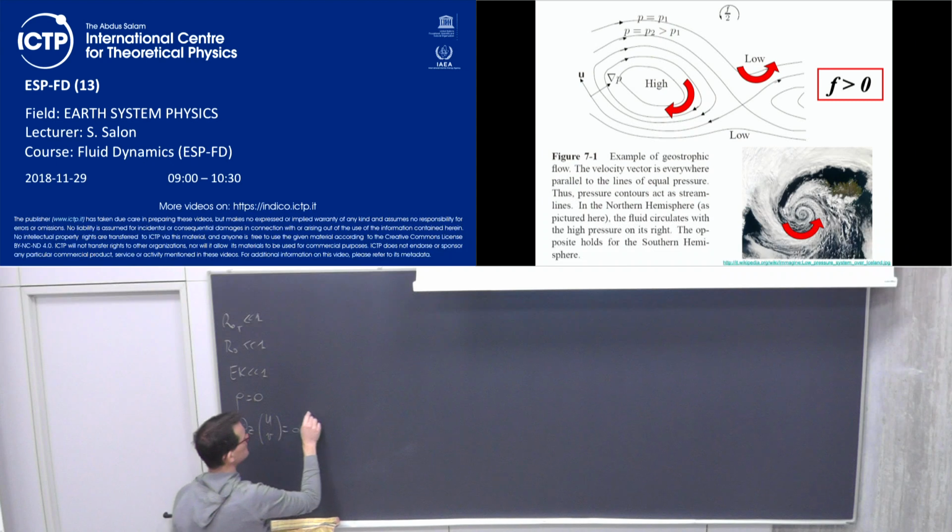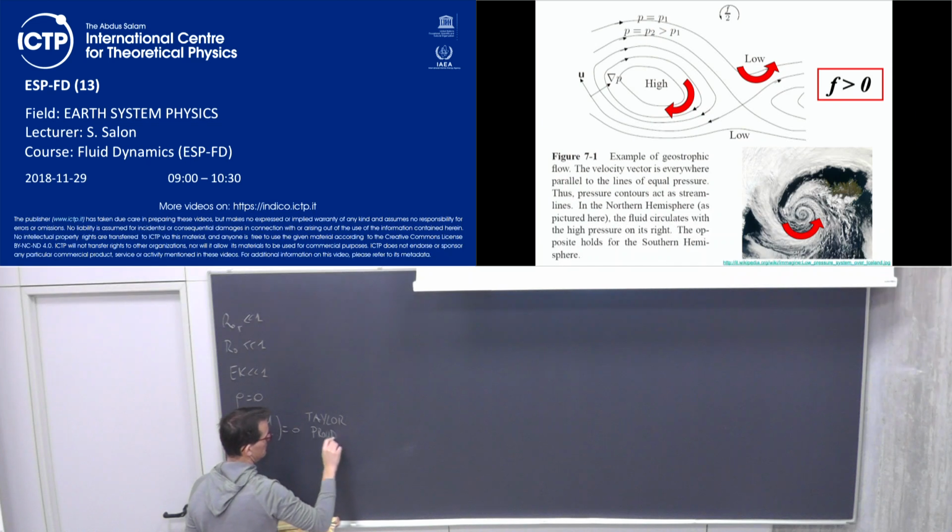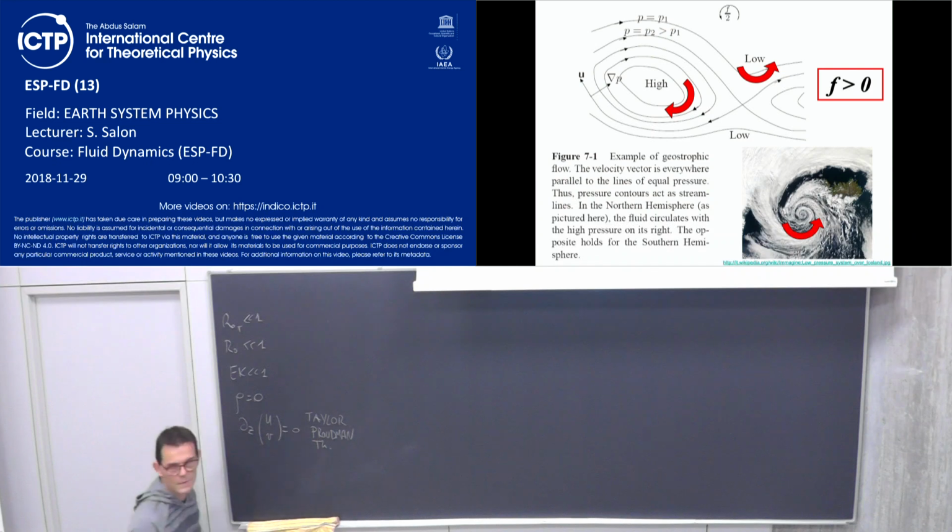This is also called the Taylor-Proudman theorem. This is the name that you can find in the syllabus, which actually tells you that flows that satisfy this condition don't have any shear.